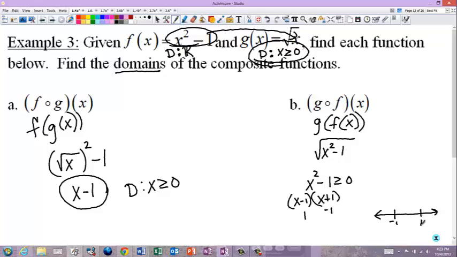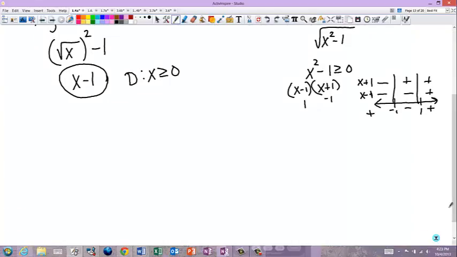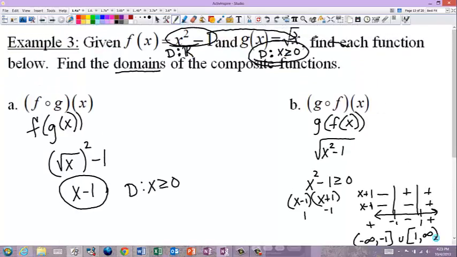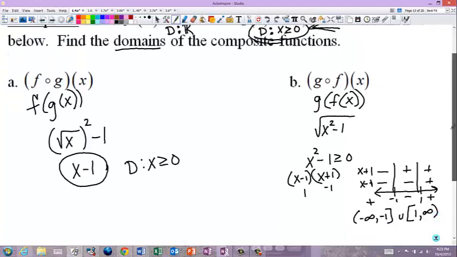Negative 1, 1, x plus 1, x minus 1, negative, positive, positive, negative, negative, positive, so it's positive, negative, positive. Okay, and we want to know where it's greater than 0, so it would be from negative infinity to negative 1, and then from 1 to infinity. Now here's the thing. It also has to be greater than or equal to 0.